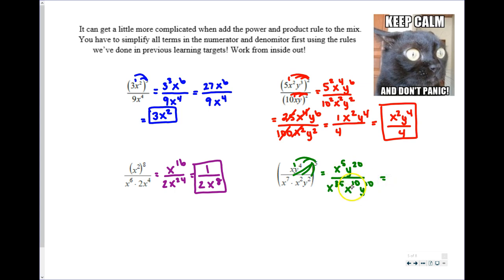Okay, now on the bottom I've got 2 x terms, so I'm going to leave the top alone, but the 2 bottom x terms become x to the 45, and the y just stays y to the 10th. And now I can go ahead and subtract. Draw my line. 45 minus 5 is 40, and that goes on the bottom. 20 minus 10 is 10, and that goes on the top. Not so bad, right?